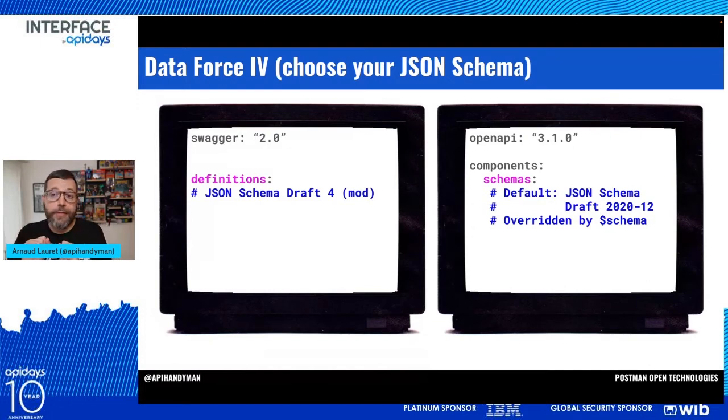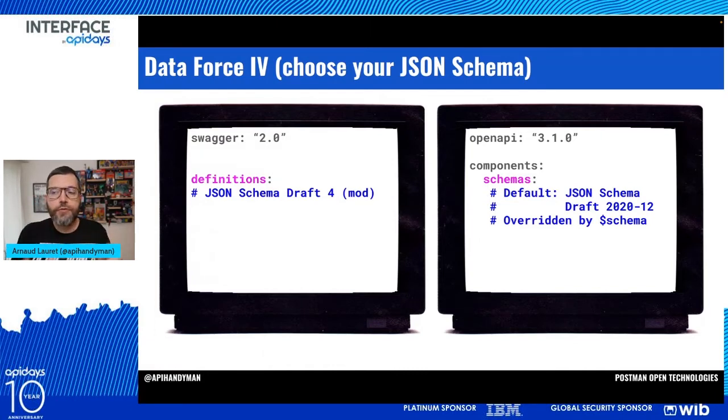In 3.1, we jump to the latest version available, or at least the version that was available at the moment the specification was released, so draft 2020-12. And, icing on the cake, in OpenAPI 3.1, you can say which version of JSON schema you use.